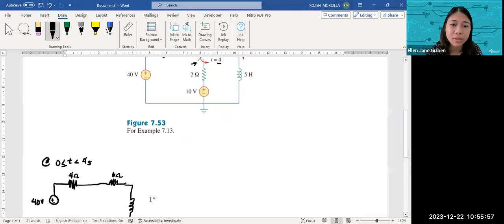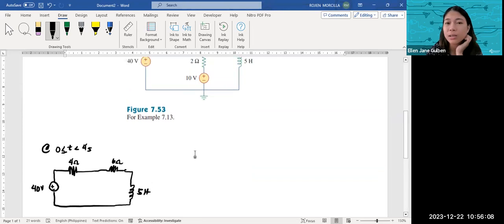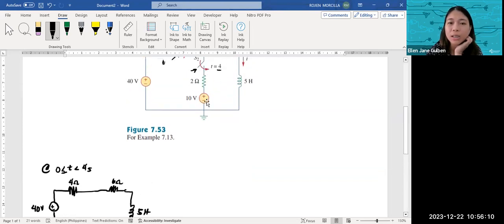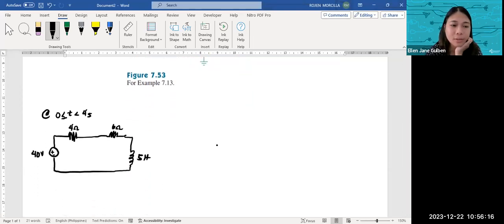That's 5 henry. Okay, so switch 2 is not yet closed, so we will consider it as non-existent at this moment. So there we have it. This is our circuit from 0 to 4 seconds.